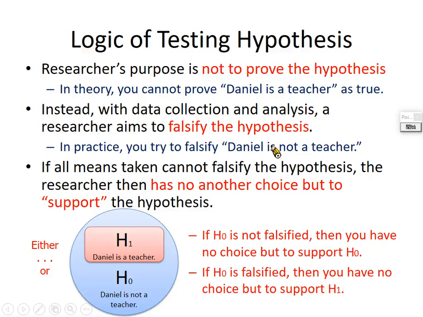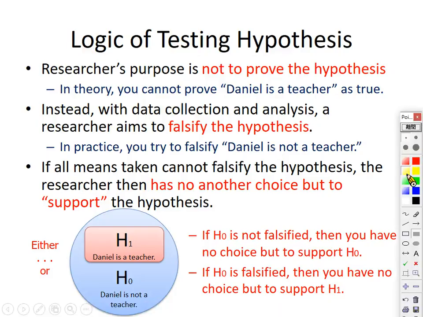Okay, let's talk about the logic of testing hypotheses. Overall, a hypothesis helps us to collect data to test it, right? Our purpose for testing a hypothesis is not to prove the hypothesis.